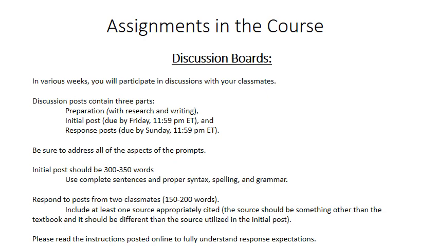Responses can include elaborations on the point made by your classmates, challenges to the classmate's position, follow-up questions for your classmate, or a request for clarification. Keep all responses polite and professional in nature, and please read the instructions posted online to fully understand the response expectations each week.